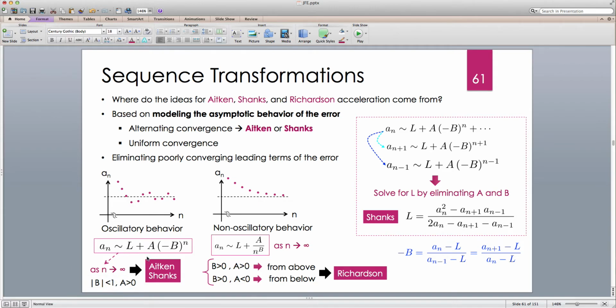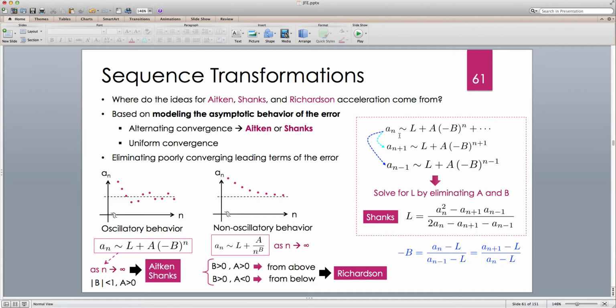And this a coefficient could be positive or negative. We don't really care that much. But then if this is in fact the behavior of the error, we can say, okay, a_n is asymptotic to the limit plus a times minus b to the n. And now I can write the same thing for a_(n+1), asymptotic to l plus a times minus b to the n plus 1, all right?